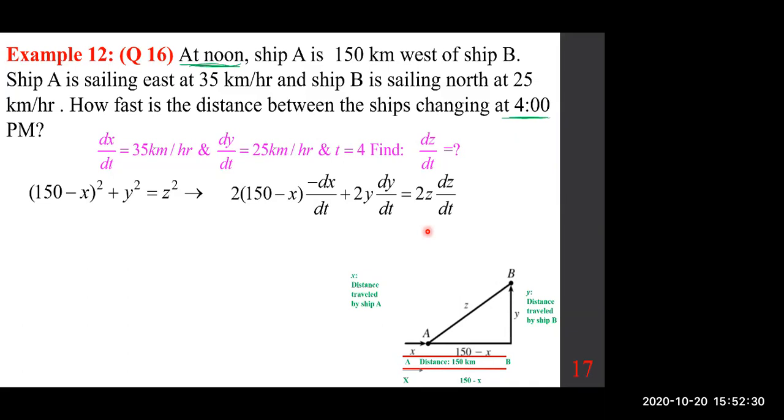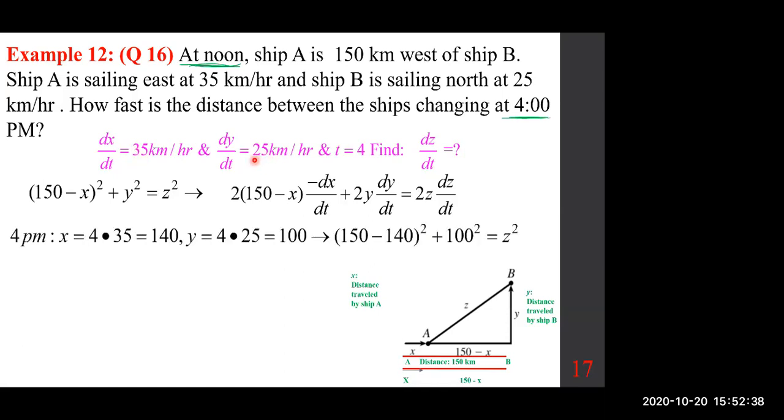So what is x? 4 times 35. What is y? 4 times 25. So x is 4 times 35. Y is 4 times 25. So over here, by the way, before I move on, I can factor out the common factor of 2.